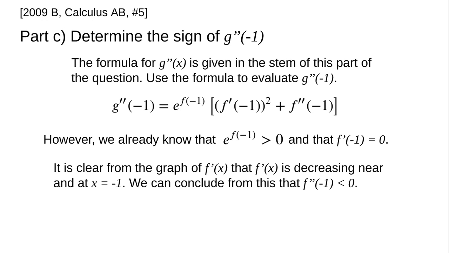We can conclude from this that f double prime of -1 is negative. So we have a positive factor on the outside, we have a negative factor on the inside, and a positive times a negative is negative. So from this we can conclude that g double prime of -1 is negative. It is less than 0.